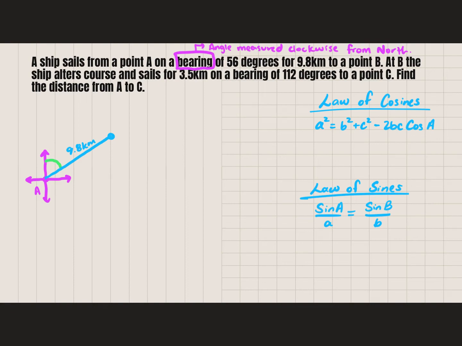And at point B, it's going to change directions on a new bearing. So I'm going to go ahead and redraw my cardinal directions here so I can get my new bearing. It says the new bearing is 112 degrees before it hits point C.